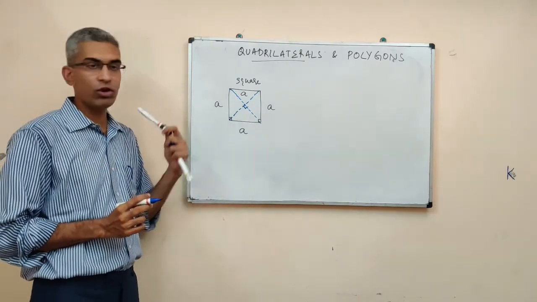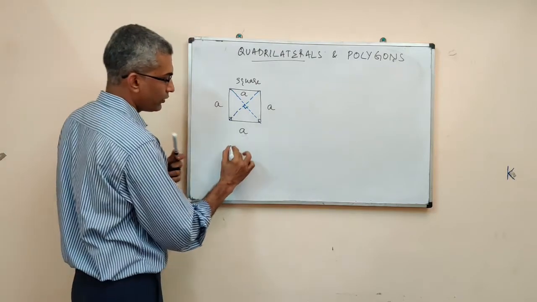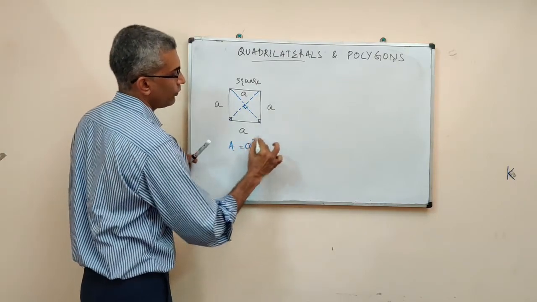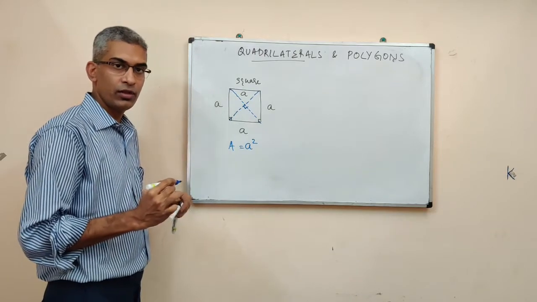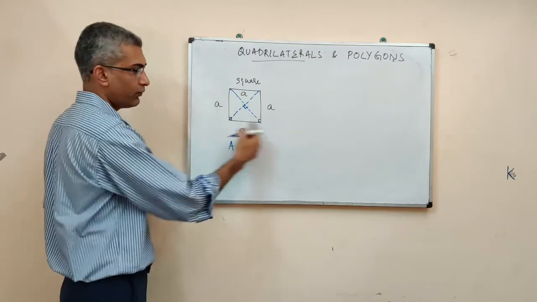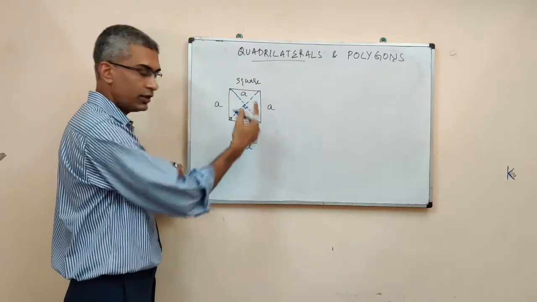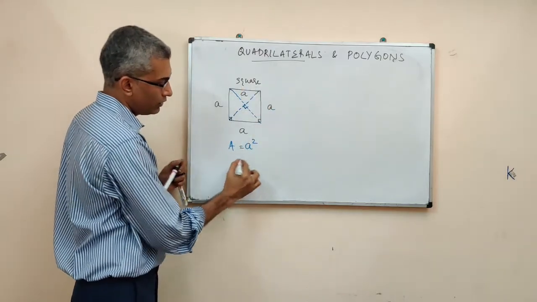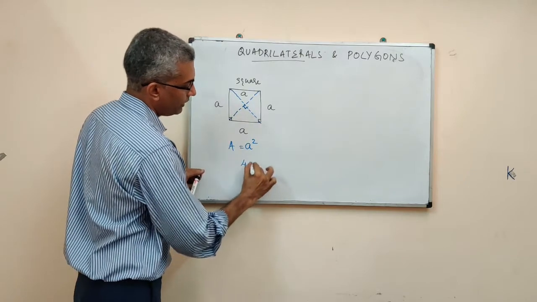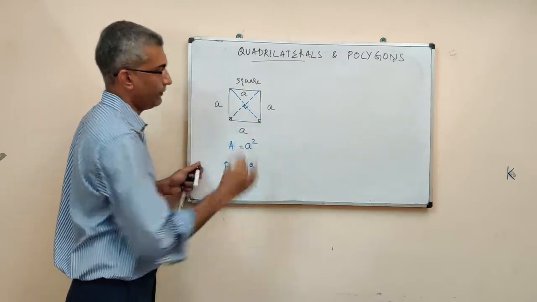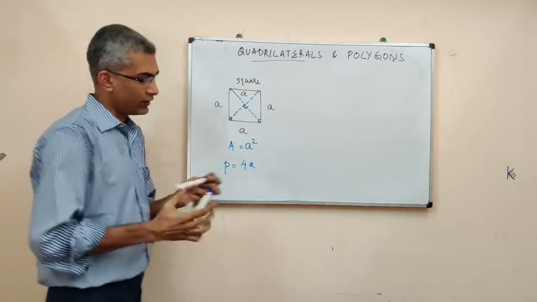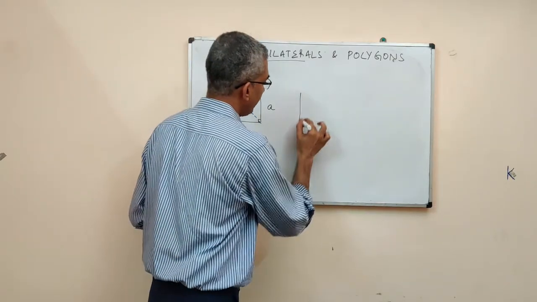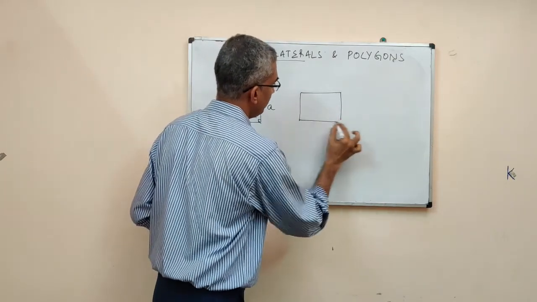If you want to find the area of a square, all of you know that the area of a square will be given by the square of the side. How do you find the perimeter of a square? There are 4 sides. Each of them is the same. So a plus a plus a plus a will be 4a. Perimeter will be 4a. Now compare this with the second most familiar figure, the rectangle.